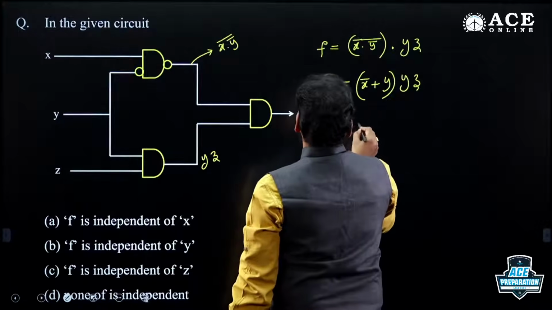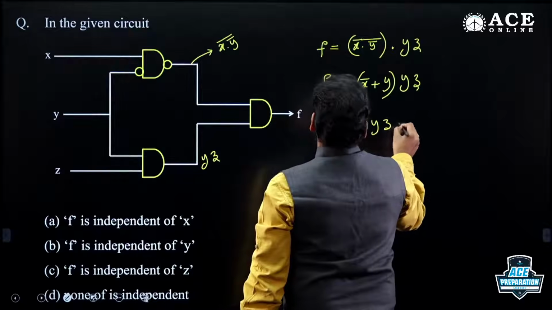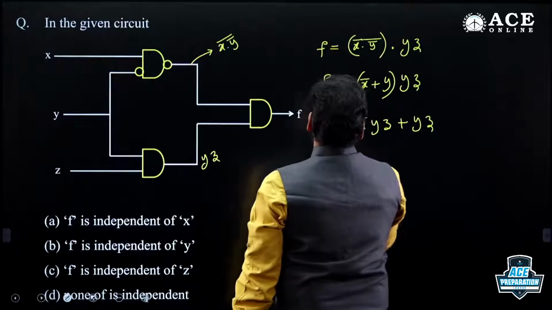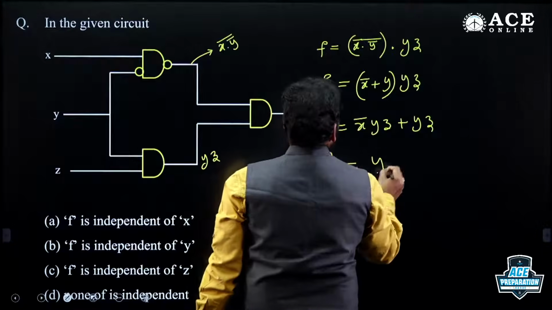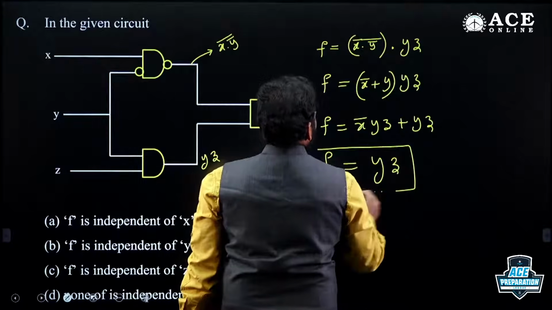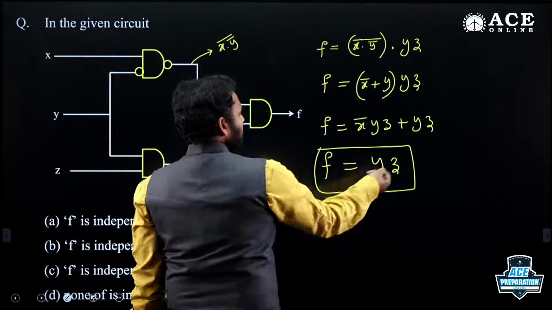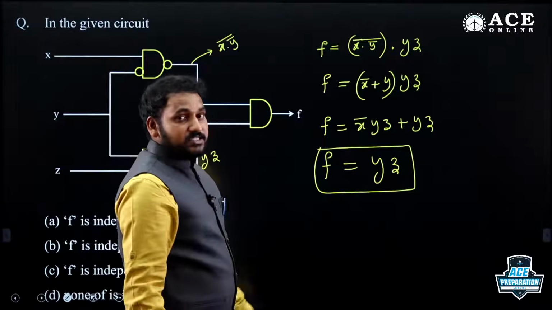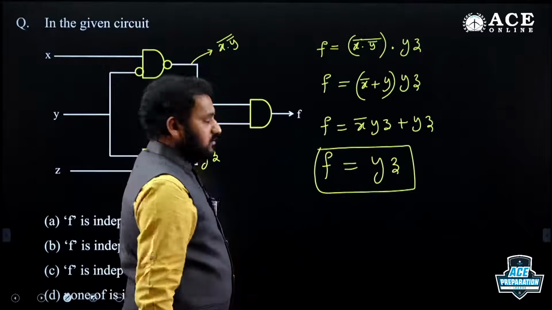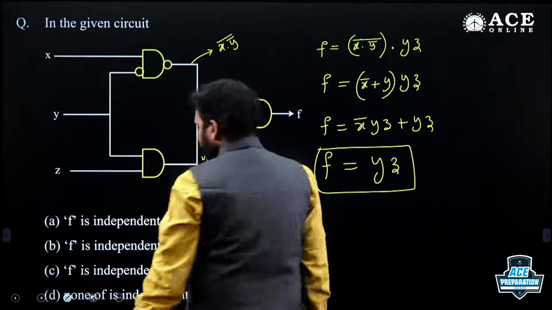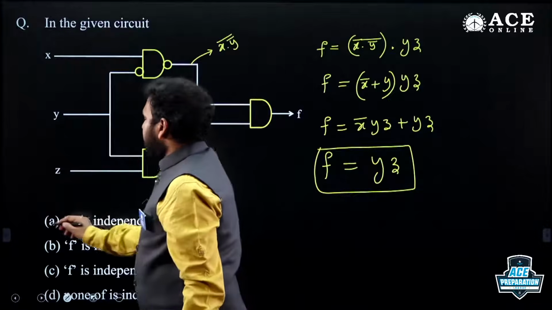F is equal to x bar yz plus yz. F is equal to yz is common, x bar plus 1, or 1 plus anything is 1, yz common. So, output is independent of x, not depending on x. Only y and z will decide the output. F is independent of x.